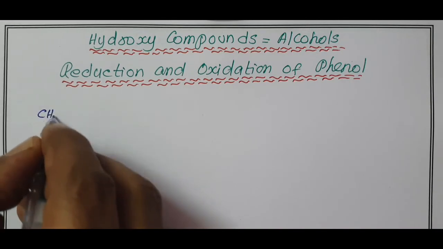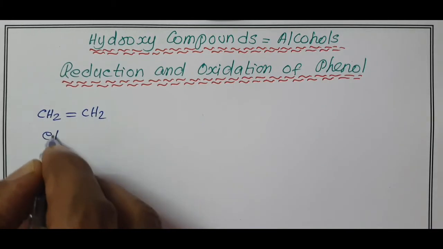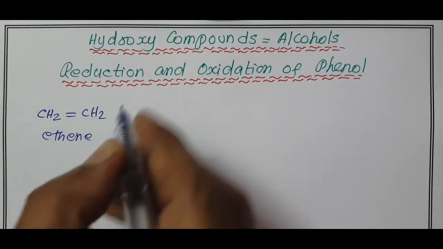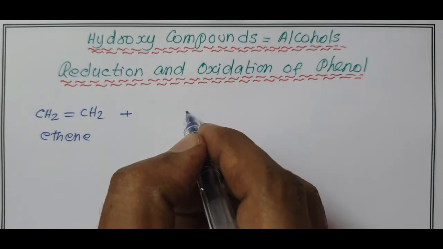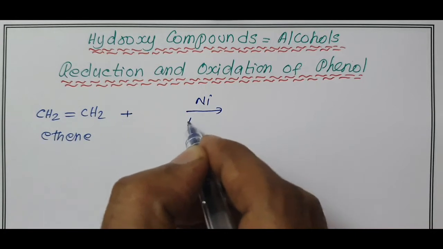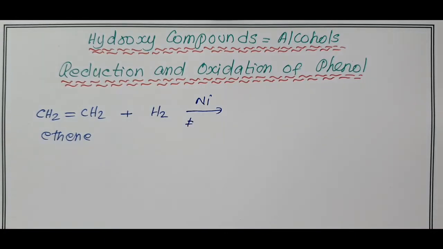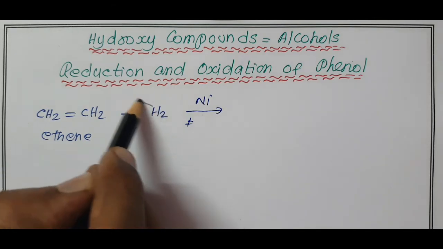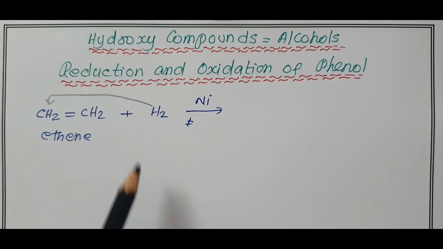The alkene, the double bonded compound ethene, when reduced in the presence of nickel and heated with hydrogen, one hydrogen is added to one carbon. Double bonded compounds usually undergo addition reactions.